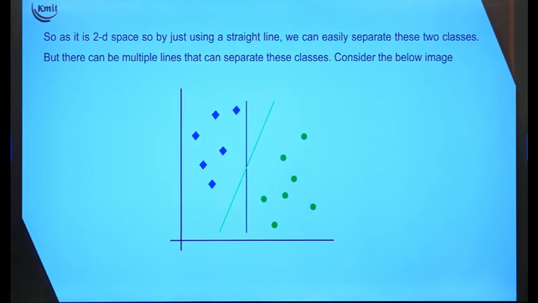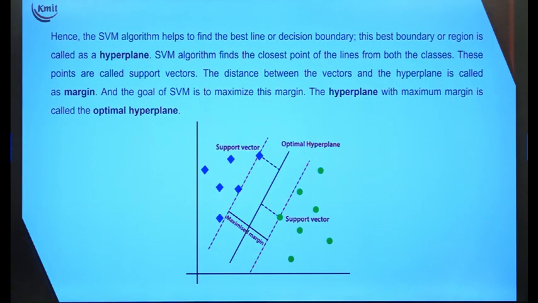Here I have two lines, one is a green line, second is a maroon line. Both of them are clearly separating the two classes, but I want to choose the best one such that when a new sample comes, it should perfectly fit into this particular data. Okay, so our SVM algorithm will help us find the best line or the best hyperplane or the best decision boundary line. Now this best decision boundary or region is called a hyperplane, as we have already seen.